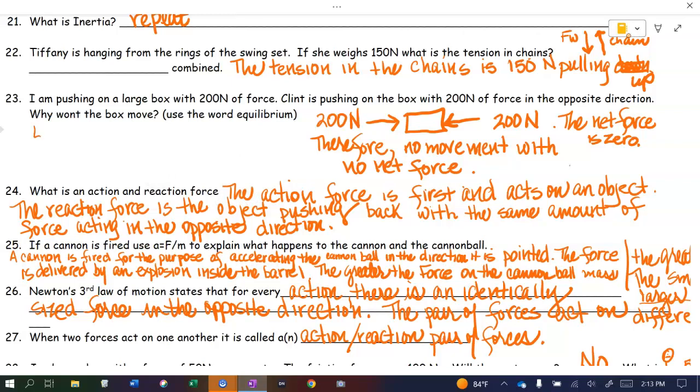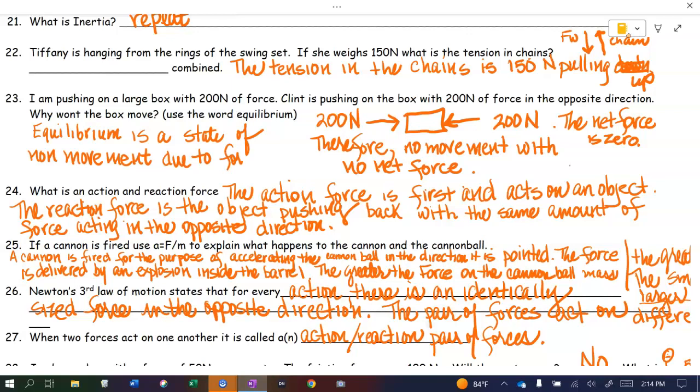All right, equilibrium is a state of non-movement due to net force, due to the forces adding up to zero.